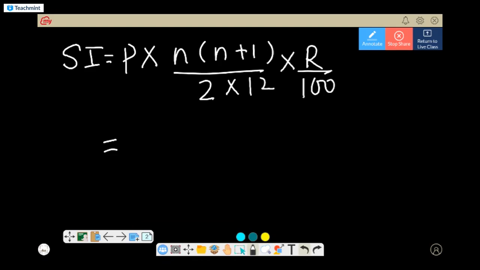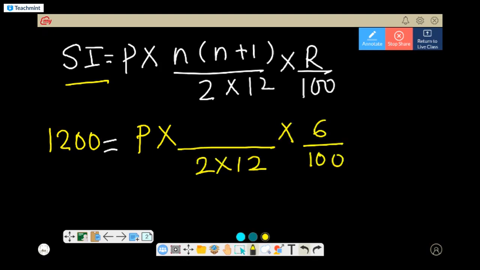SI is given as 1200. P value we don't know. What will be the value of N? 24. Yes, and the next number it gets multiplied by is 25, because N plus 1 is 25.